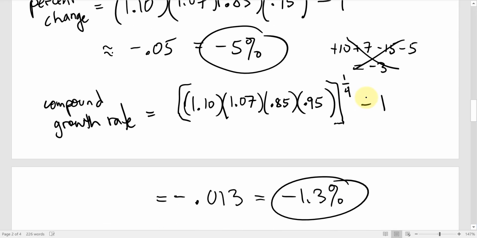So what we're calculating is that the enrollment has dropped 5% overall, and it has dropped 1.3% on average each semester. That is the growth rate, a negative growth rate average. So dropping by 1.3% each time, 4 times in a row, gives you an overall 5% drop.